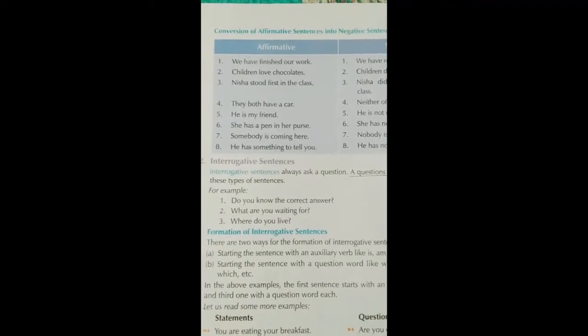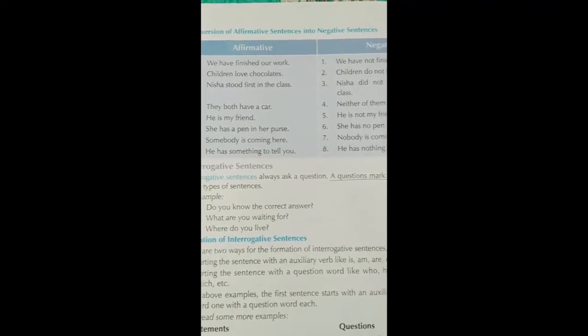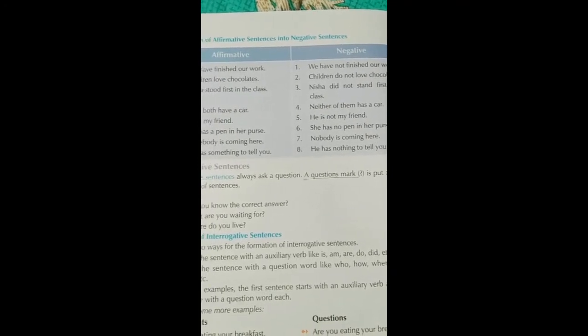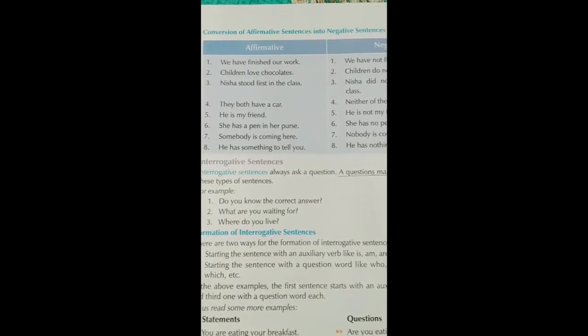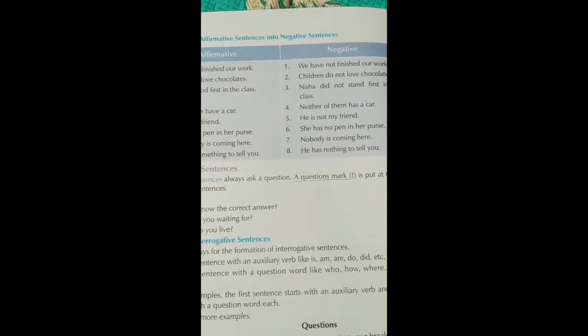Like the first one, we have finished our work. Now in the negative column, we have not finished our work. Children love chocolates. In the negative sentence, children do not love chocolates. Just see, the words do not are there, meaning negative sentence.